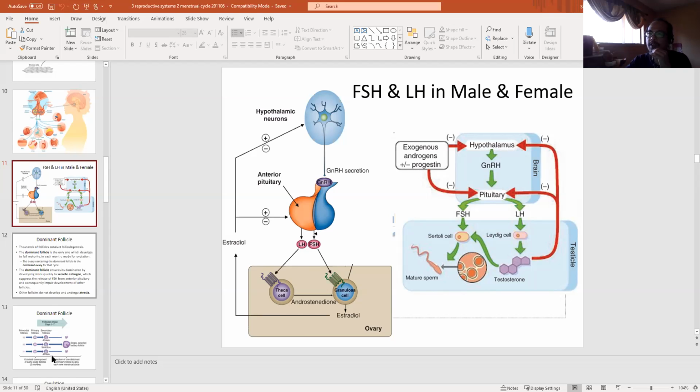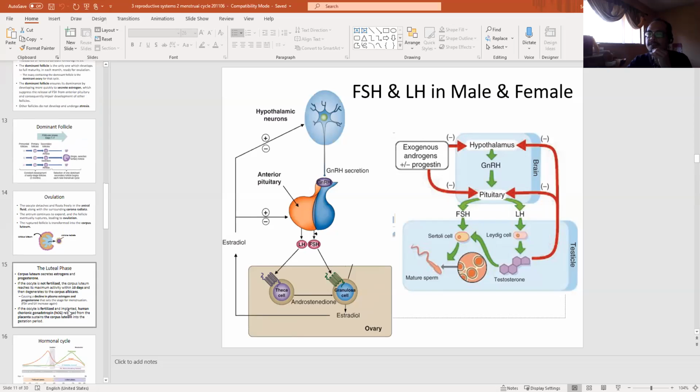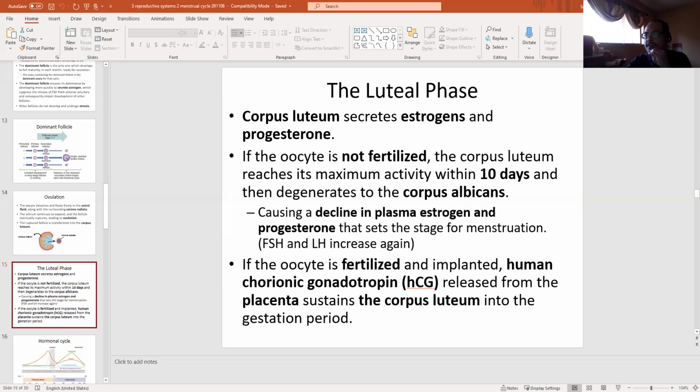However, if there's pregnancy, then the corpus luteum remains alive for another 2 months. The way it can remain alive is that when the zygote is fertilized and implants, the implant will start to trigger the uterus to develop the placenta.